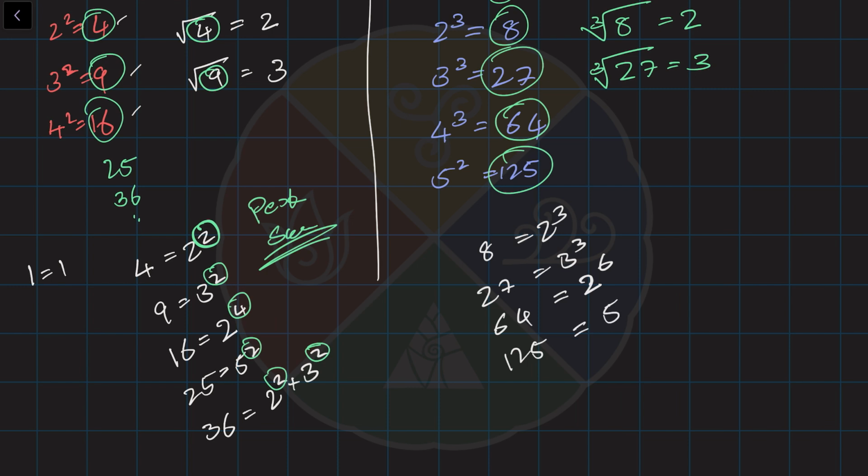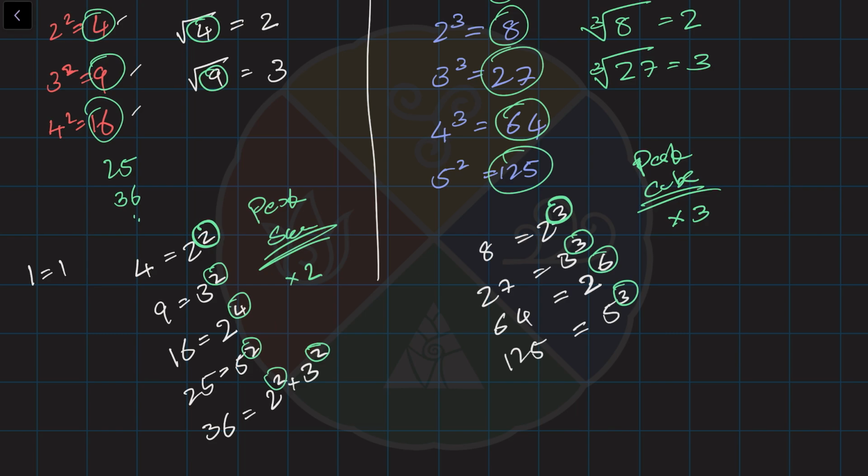This number will be 5 cube. If a number has to be a perfect cube, what you have to look at is that after prime factorization, the powers should be multiples of 3. So if it is a perfect square, the powers should be multiples of 2. For a perfect cube, the powers should be multiples of 3.